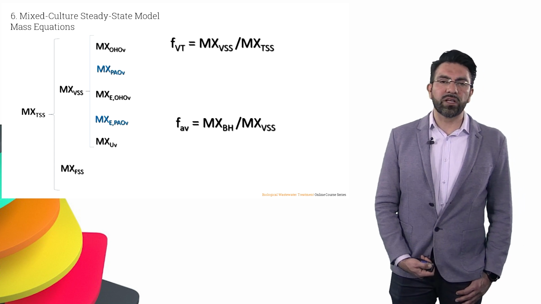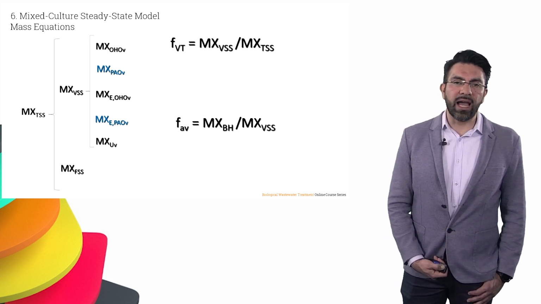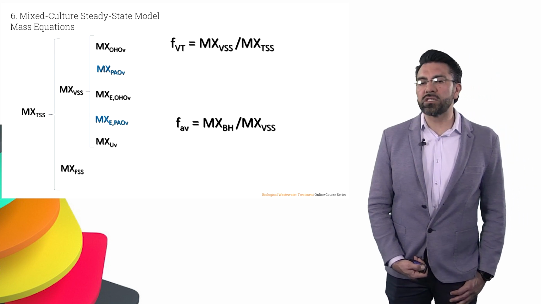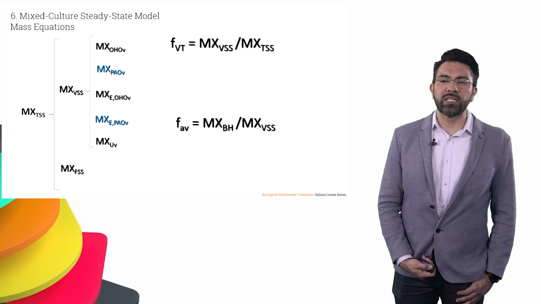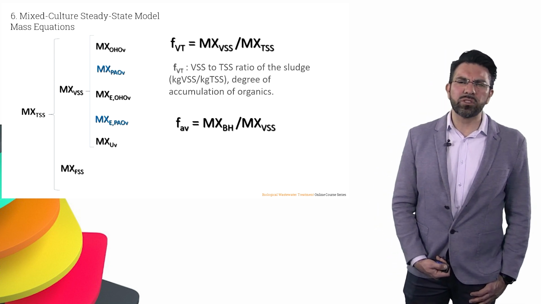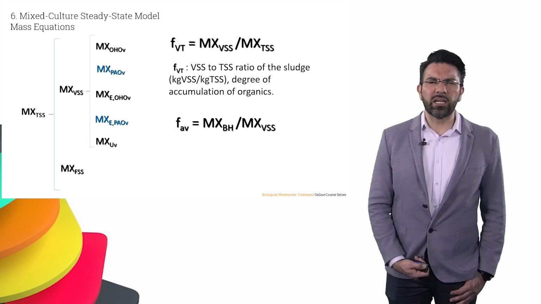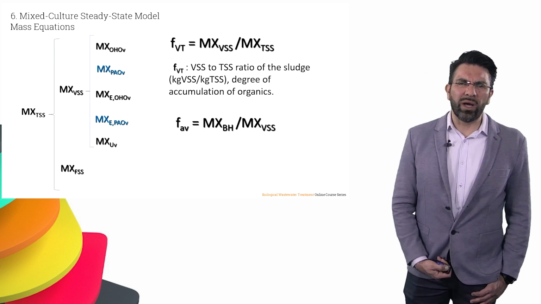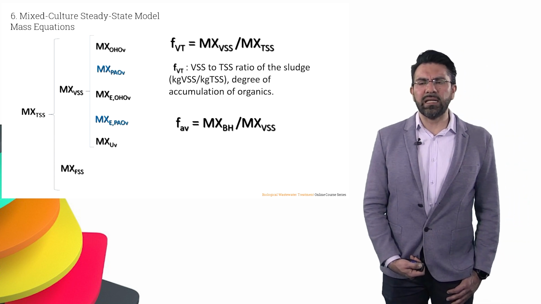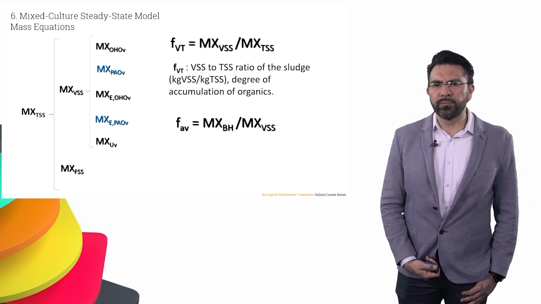Some of them are, for example, the fraction of volatile to total suspended solids, or the fraction of active biomass to volatile suspended solids. The first one helps us estimate to a certain degree the accumulation of organics. So what is the fraction of the total suspended solids that are still composed of organics?